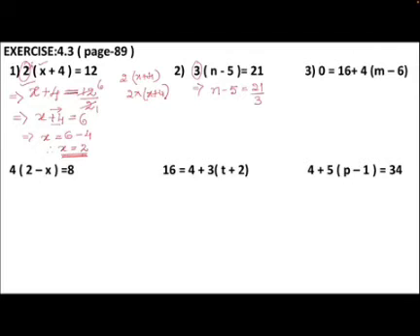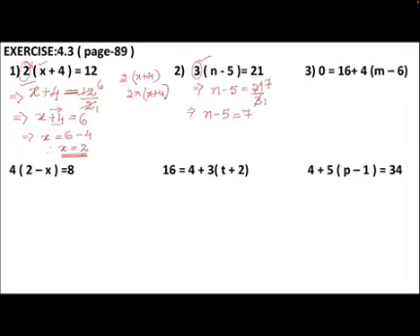How did 3 come to the denominator? You know the rule. It's multiplied here, so here it's in the denominator. So now 3 ones, 3 sevens. n - 5 = 7.